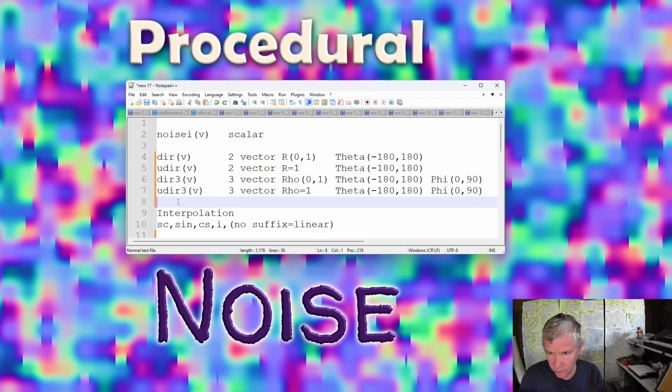In addition to these four main types, there's also interpolation for these. An S-curve interpolation, a sine interpolation, CS, which is sort of the circular interpolation, I means no interpolation, and then no suffix at the end will give you linear interpolation.